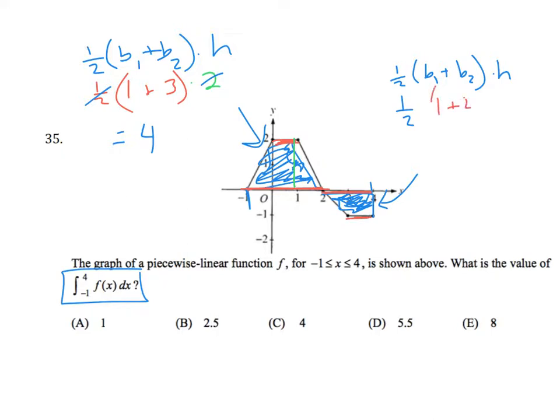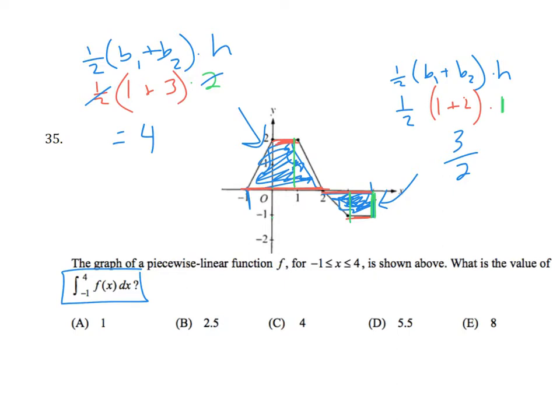It doesn't matter which one's your first and which one's your second. And then your height is right here on the edge, 1 unit, because you're going from 0 to -1 on your y-axis. So 1 plus 2 is 3 times 1 divided by 2 gives me 3/2.